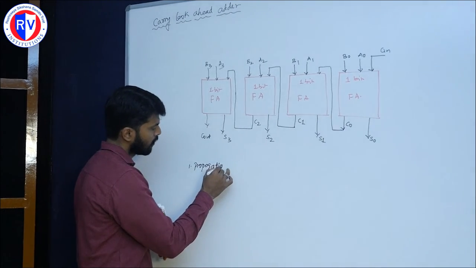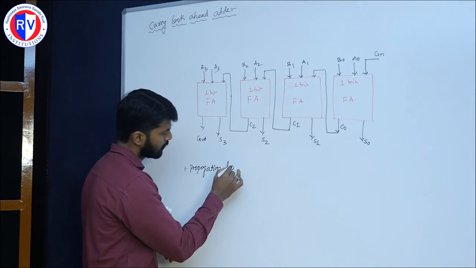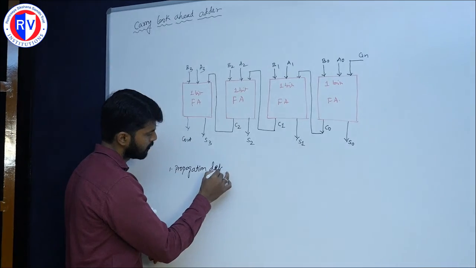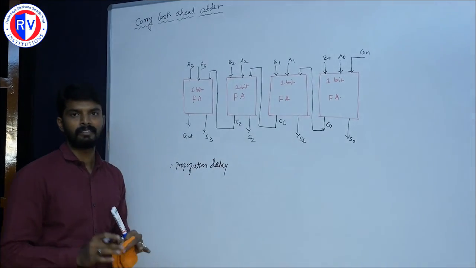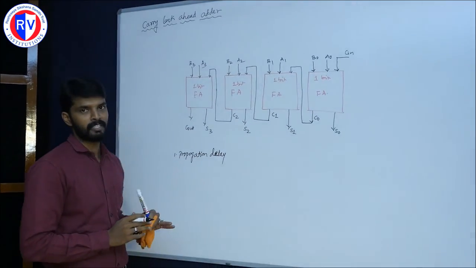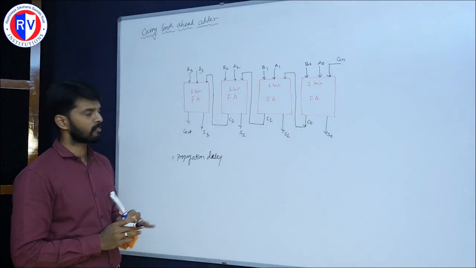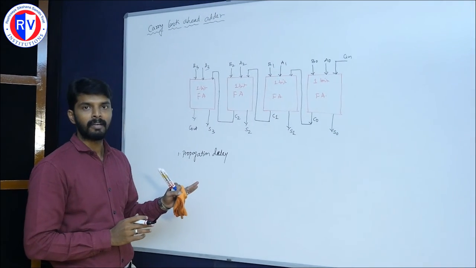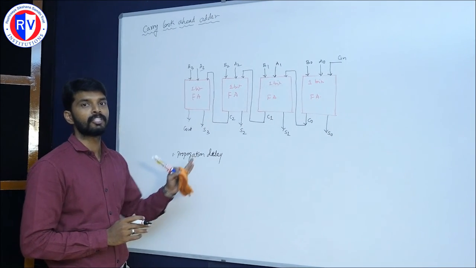The propagation delay of this ripple carry adder is very high. What is propagation delay? The propagation delay is nothing but the amount of time taken by the input to reach the output.